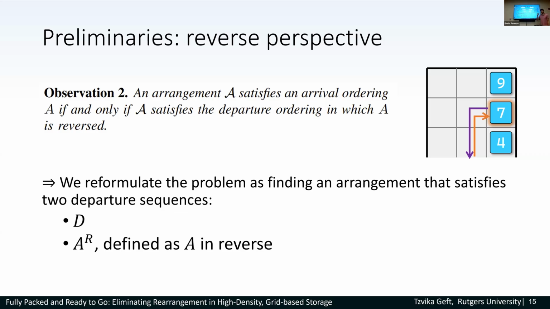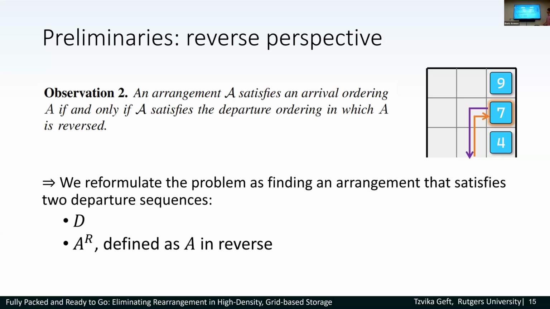So again, our goal is to find a rearrangement-free solution, and we can reformulate it based on our observation as the following problem. We just want to find an arrangement, that is how to store the loads on the grid, so that 2 departure sequences are satisfied. So we switch our thinking now to just look at the departure side, and the sequences are the original one, and now the arrival one in reverse.